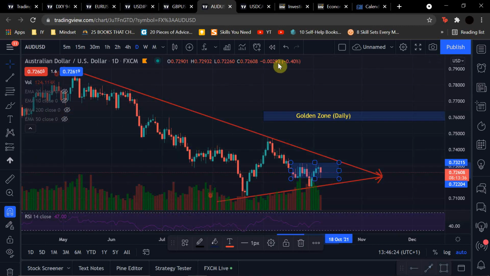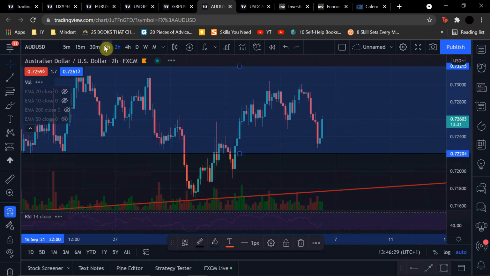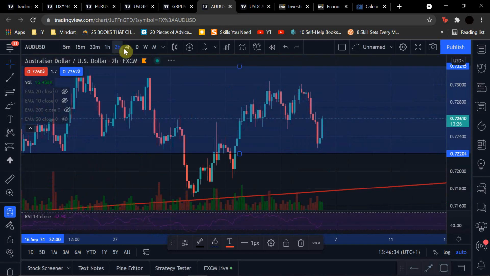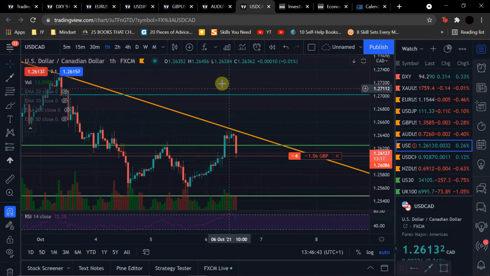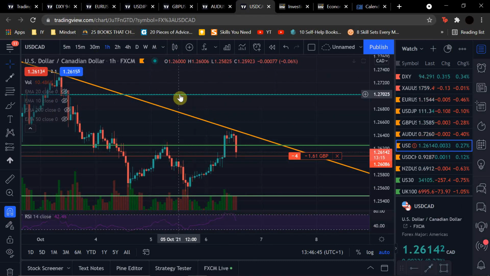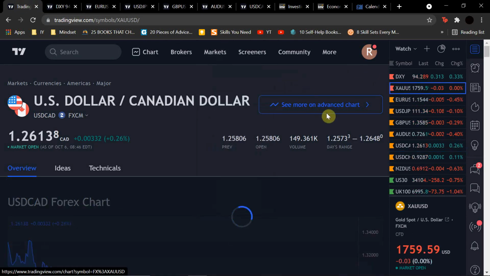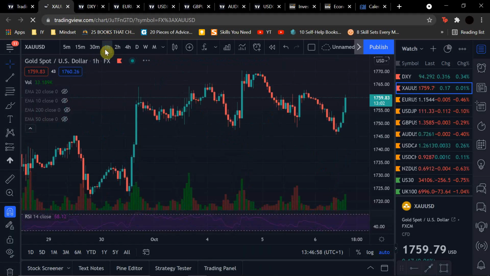50-minute AUD/USD. What's going on here? I should get rid of this. Put the moving averages on. USD CAD. We'll go to DXY. DXY is going down. So we're just going to use gold as a confluence so we can see what's going on.